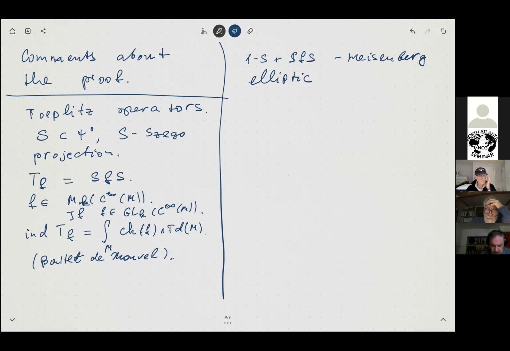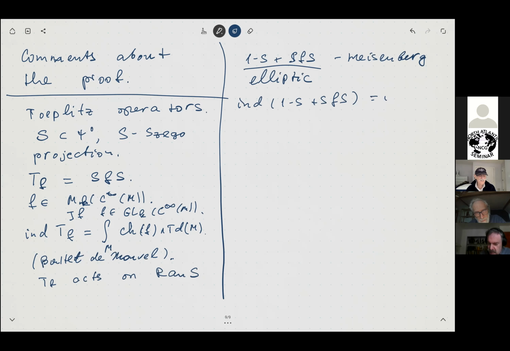I should say that T_F acts as usual on the range of S, so we can make it act everywhere by adding to it 1 minus S, and the indexes of operators are the same.